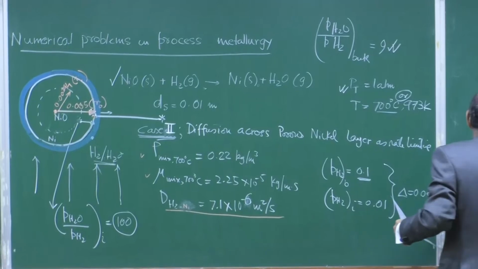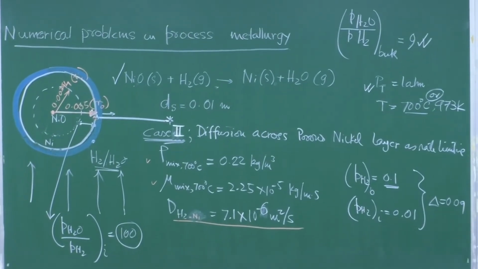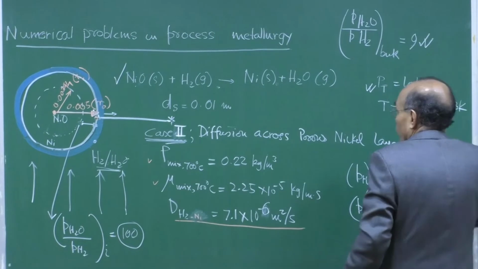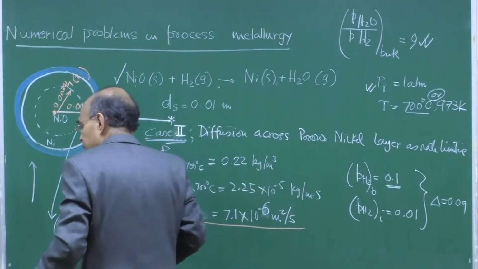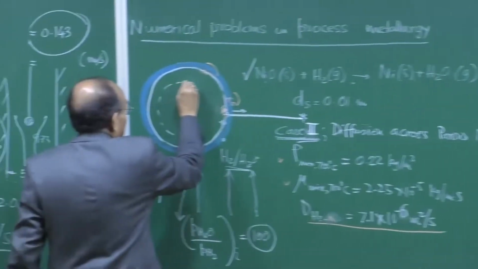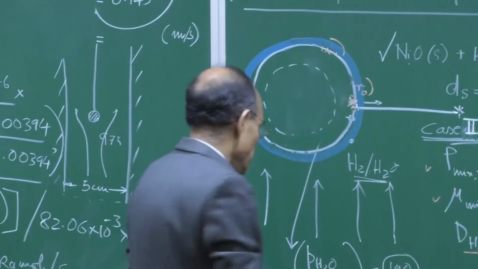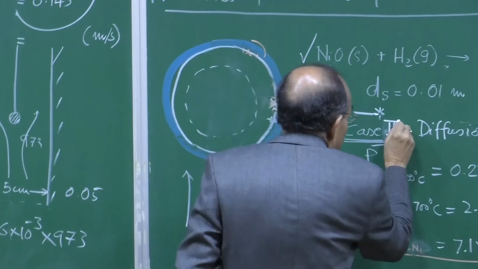Now, the third possibility here is a mixed control. So, we are saying now that no matter where is the interface, there is interfacial chemical reaction, and case 3 is what?